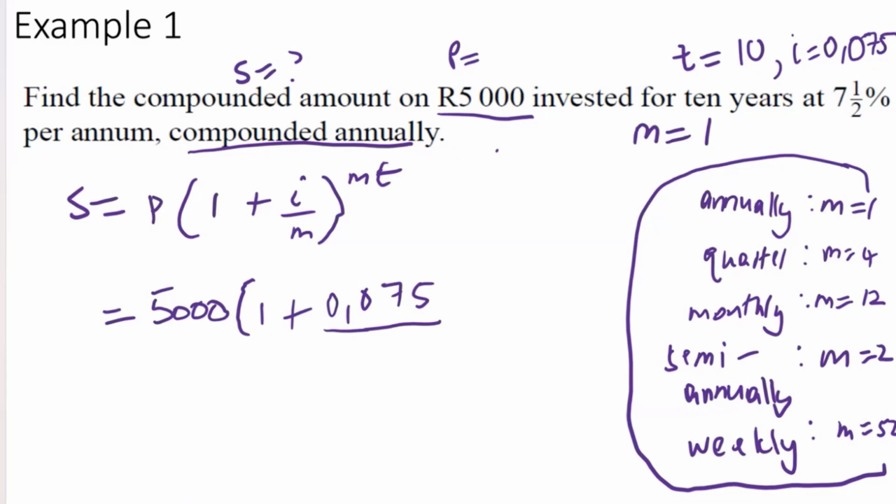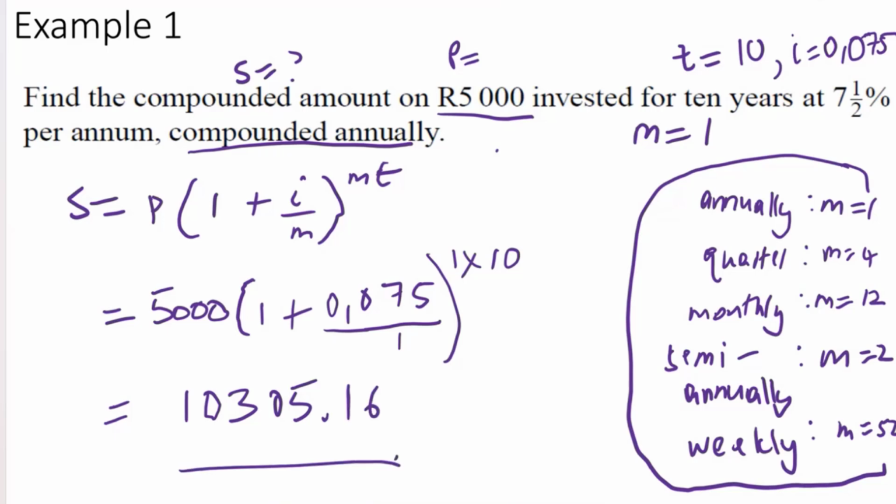And then your M here is equal to 1, and your M is 1 multiplied by your T, which is 10. Okay, so you can just plug this into your calculator, and then your answer is going to be 10305.16. So now this becomes your compounded amount.